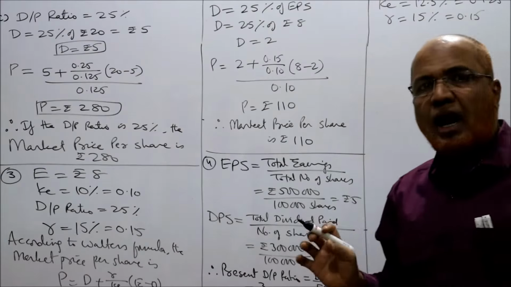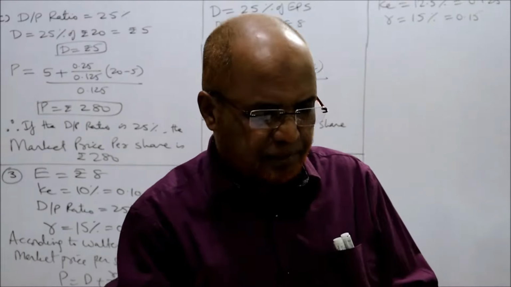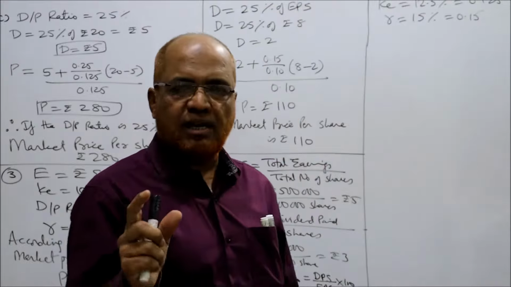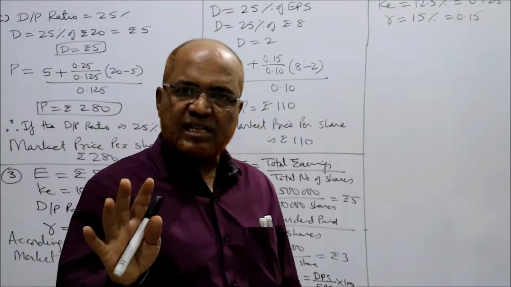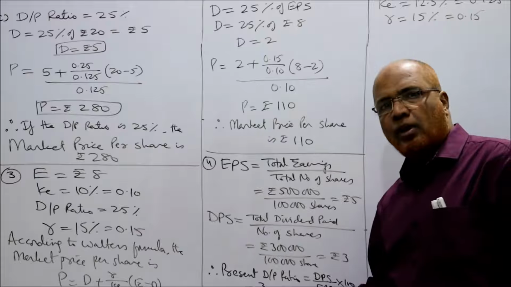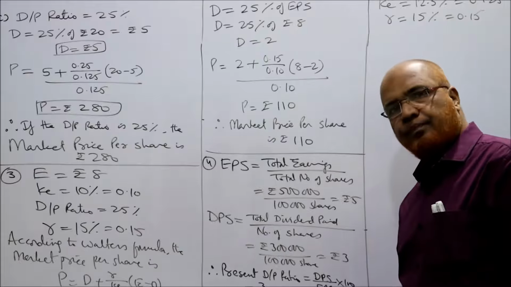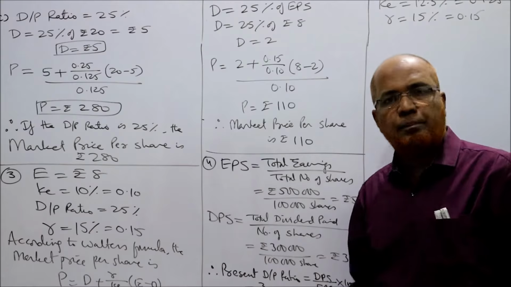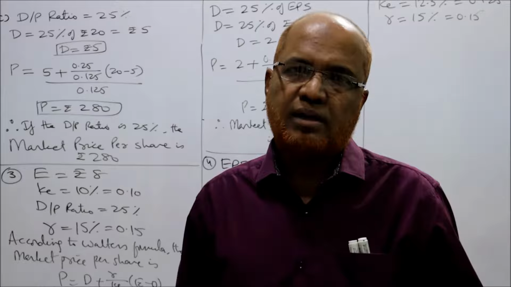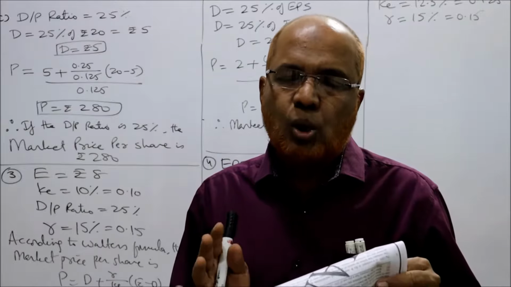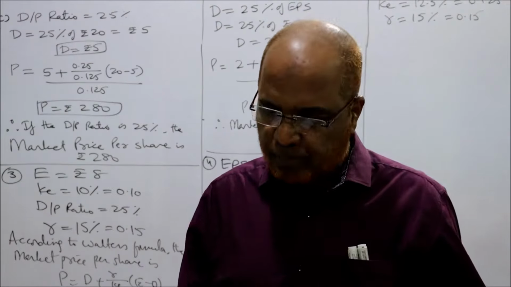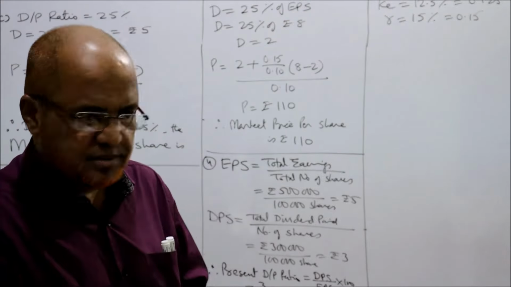It is asking you, are you satisfied with the dividend policy of the firm? Is the dividend policy that the company has presently adopted satisfactory or not? That is the first question. Presently the company has made a policy of paying 60% dividend. The company pays 60% dividend, this is the policy. Are you satisfied with this policy? It is asking. Walter says if the company is a growth firm, optimum DP ratio should be 0%.